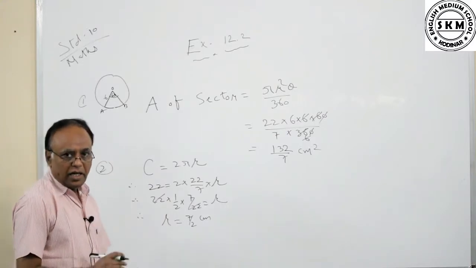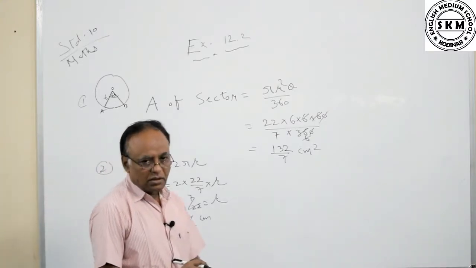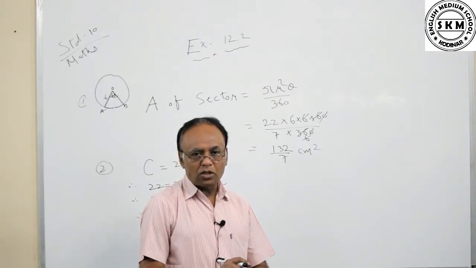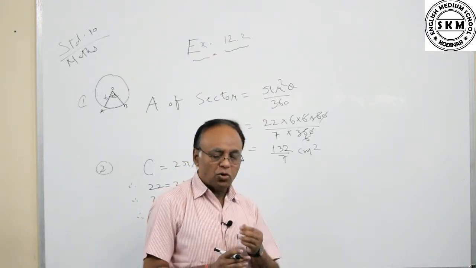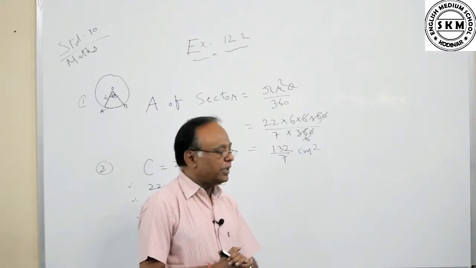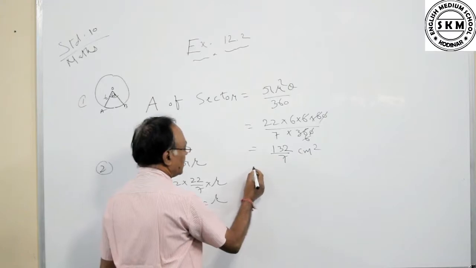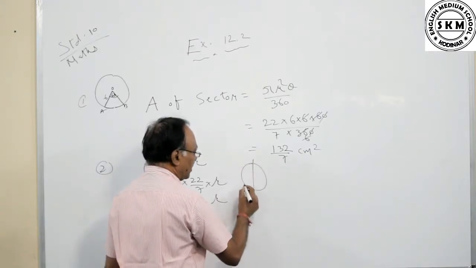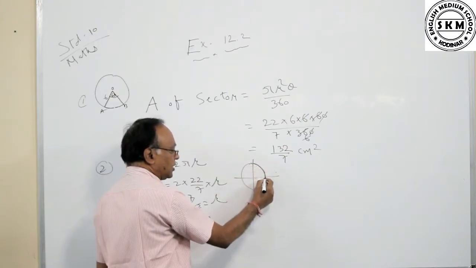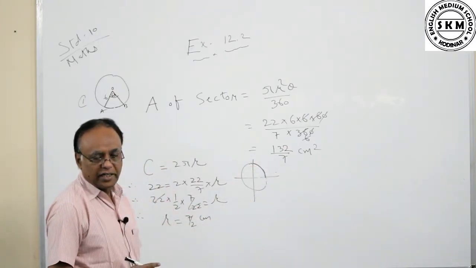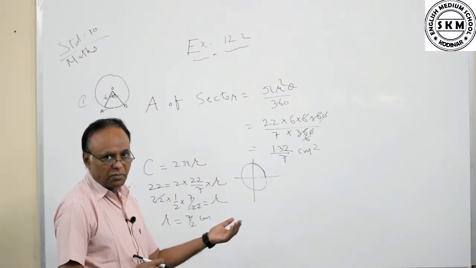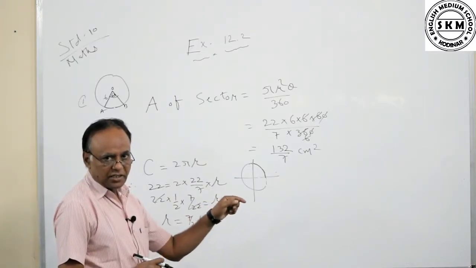Now apply the sector formula, or for the quadrant. There is the fourth quadrant, meaning one fourth of pi r square, the area of the circle. We want to find the quadrant, it means one fourth of the area of the circle.